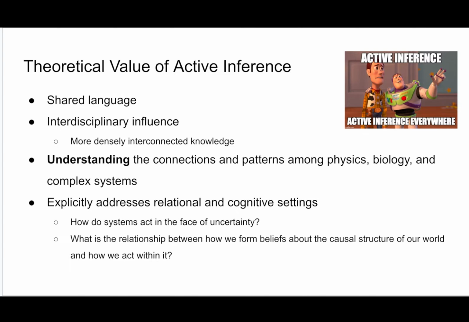To conclude this short introduction, let's comment on the theoretical value of active inference. As I already mentioned at the start, one of the biggest advantages or potential utilities of active inference is that it provides a shared language that everybody can understand and that is consistent across different disciplines. So active inference can be applied to both psychology as well as AI.